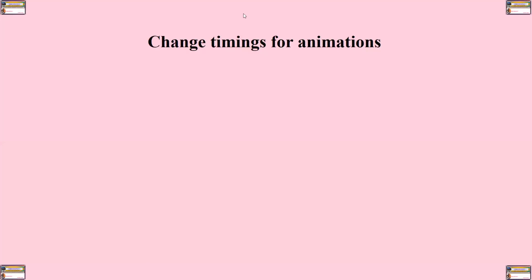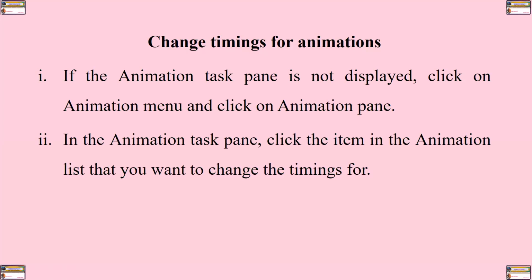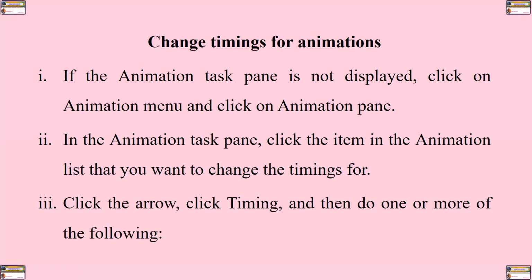Remember, you can always change the timings for your animations. If the animation task pane is not displayed, click on Animation menu and click on Animation pane. In the Animation task pane, click the animation in the animation list that you want to change the timings for.